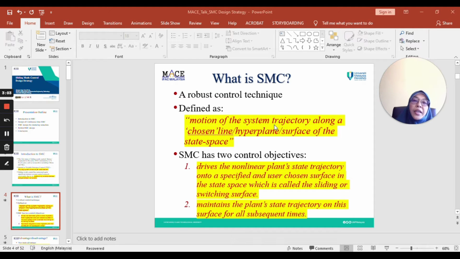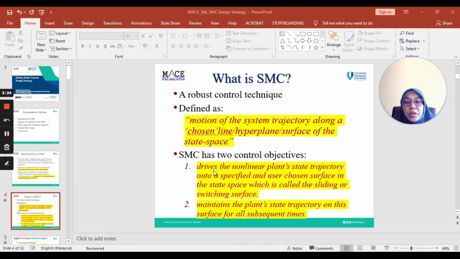We can define this SMC as a motion of the system trajectory along a chosen line or hyperplane or surface of the state space. So when we design this SMC, we always have two control objectives.